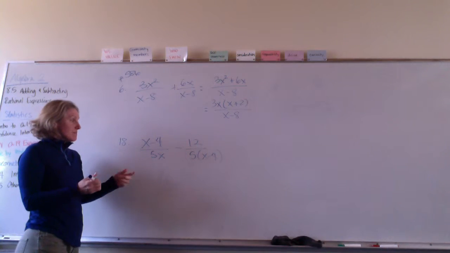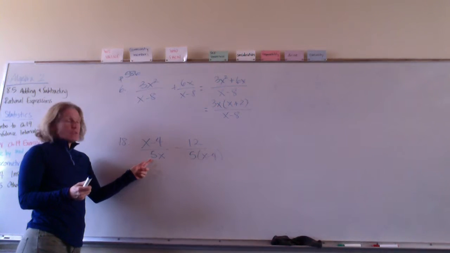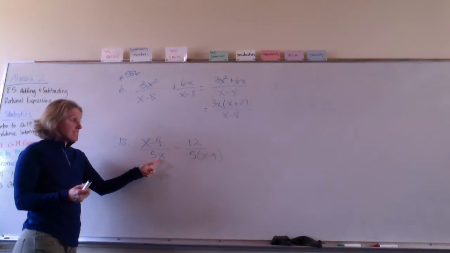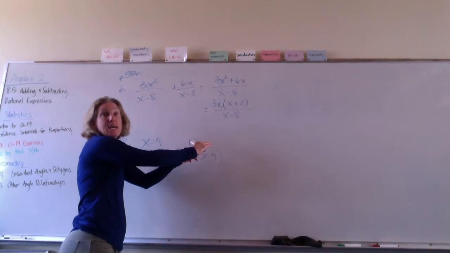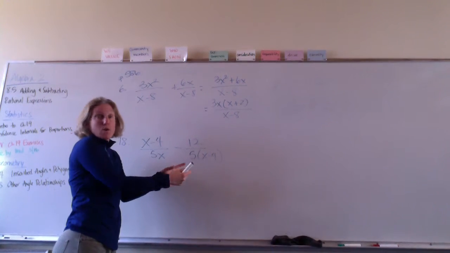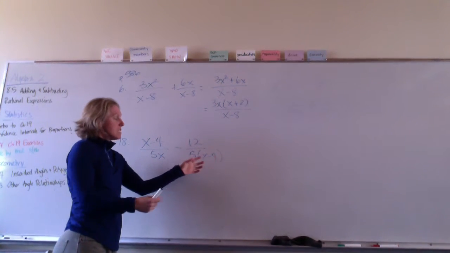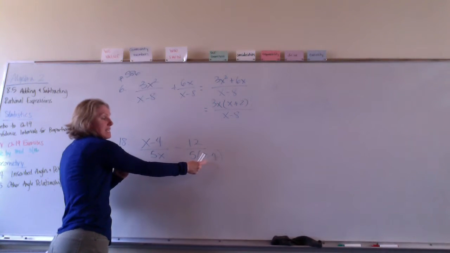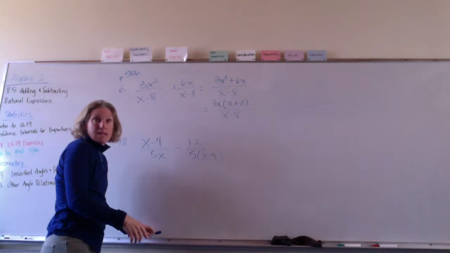What factor? I have a 5 and then x in the denominator. And here I have a 5 and then x minus 4. You can't just say the minus 4. This is an x minus 4, this is an x. So what does this guy need? It needs an x.